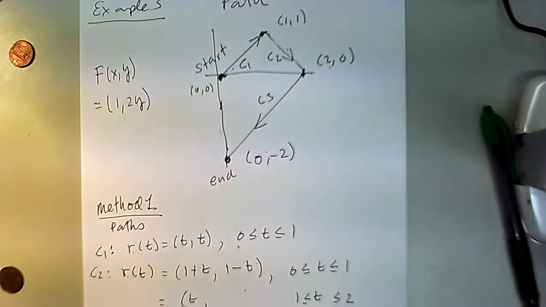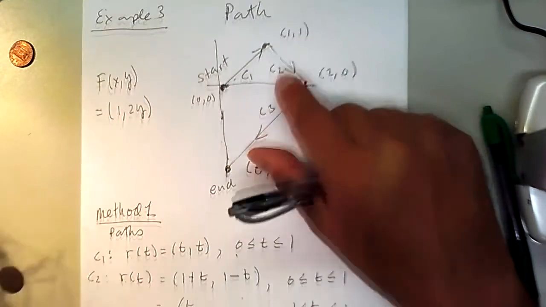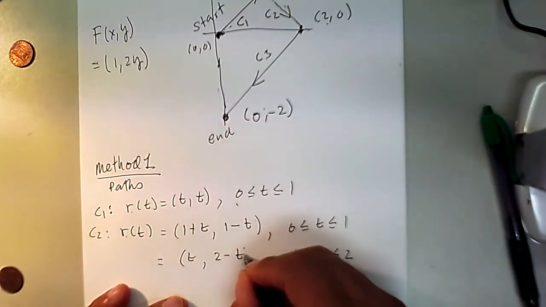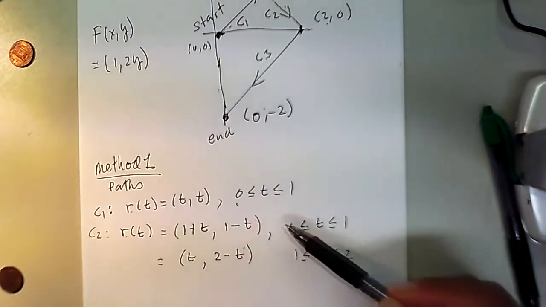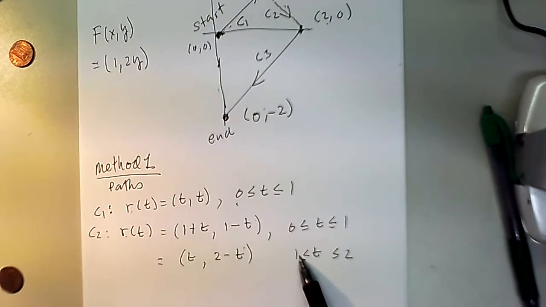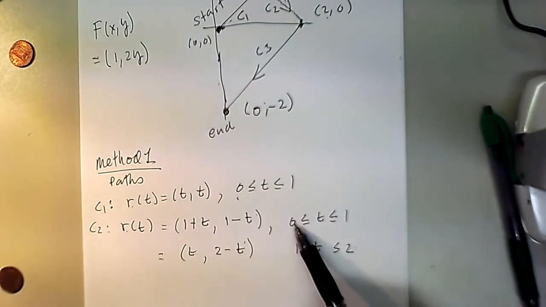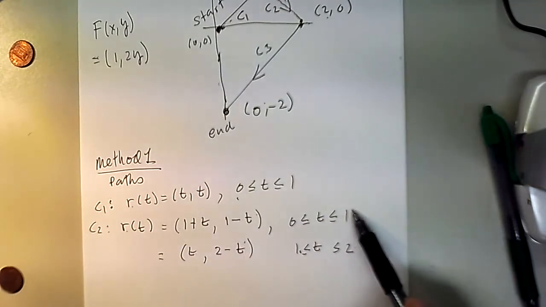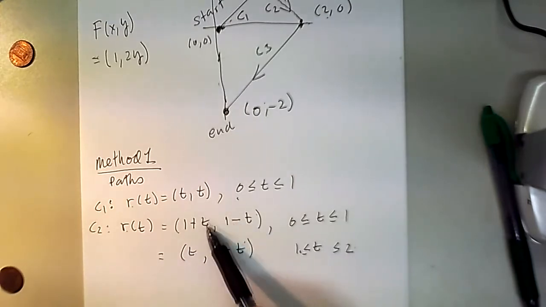So if we go from 1 to 2, and we want to start with 1 already, you want to have 2 minus t instead. Actually, a change of variable does this. So if you want your parameter to go from 1 to 2, use that. If you want your parameter to go from 0 to 1, then use that. And you can use 1/2 instead, but then every one of the t's in here has to be doubled.